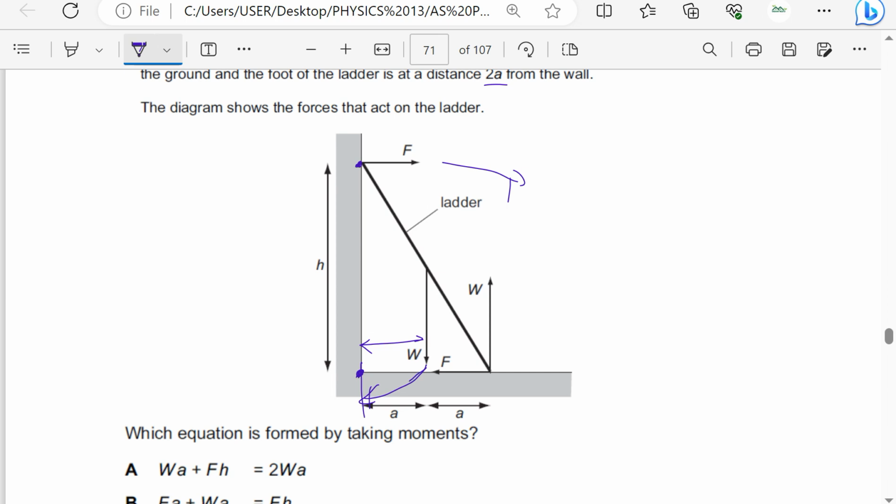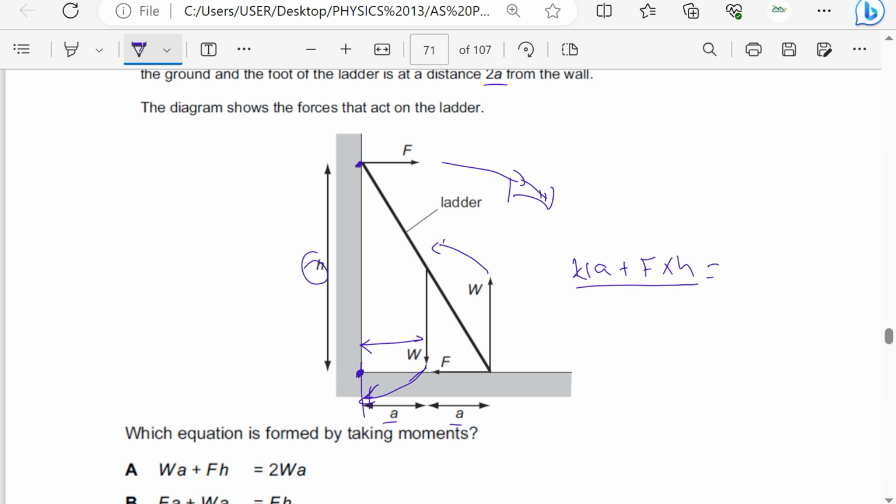So we have W times perpendicular distance. This one will be F times perpendicular distance, which will be h. Then this will be the other way around. It will be anti-clockwise. Perpendicular distance will be a plus a. So we have W times perpendicular distance a plus F times perpendicular distance h. These ones are clockwise moments.